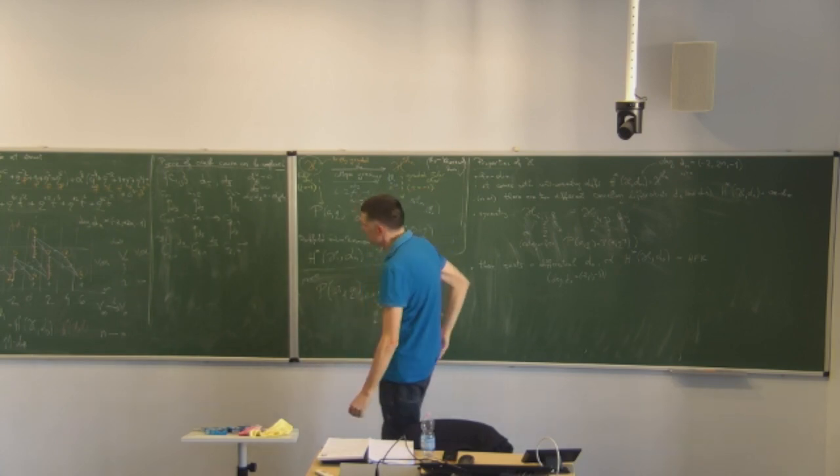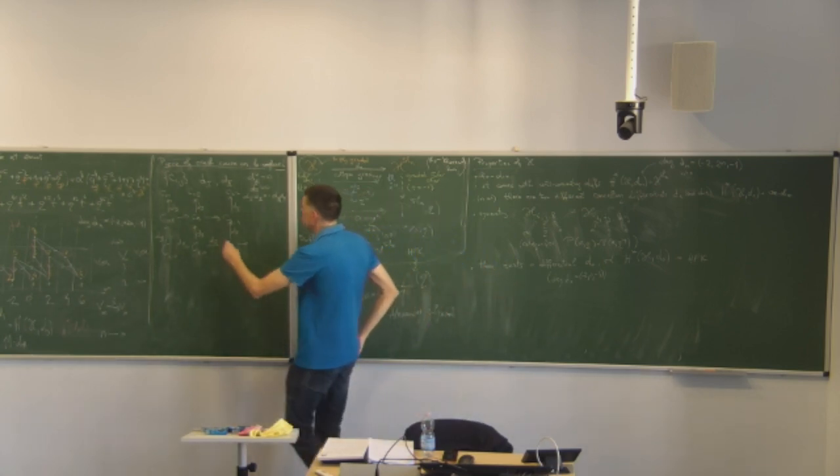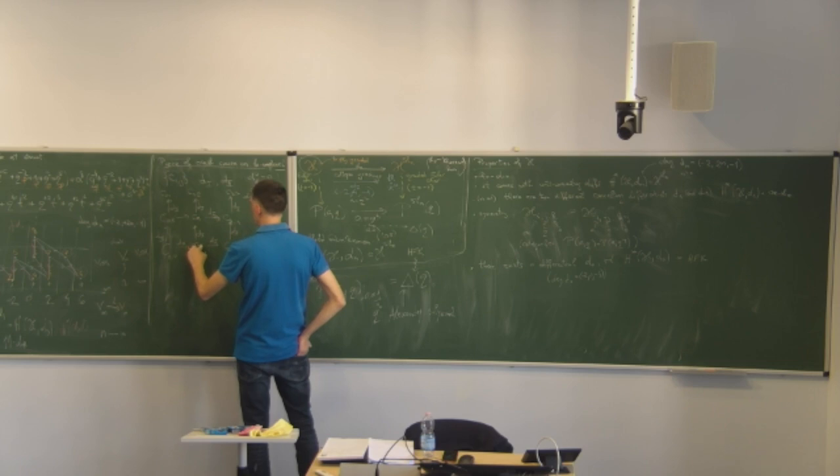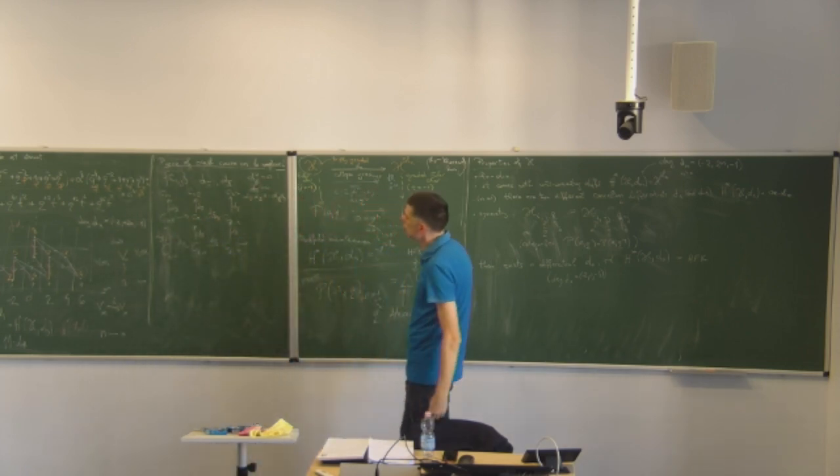Once you have all this, it means that each square is 0, and around each square you will get 0. So d2 d1 is minus d1 d2.